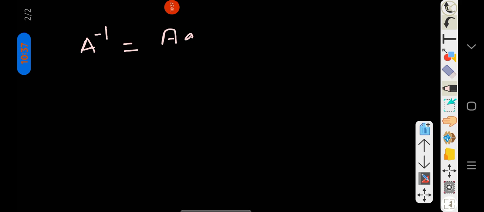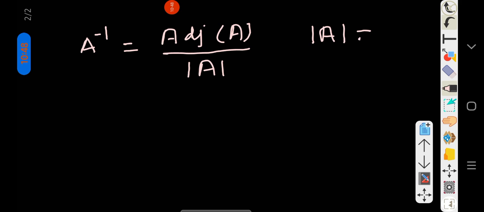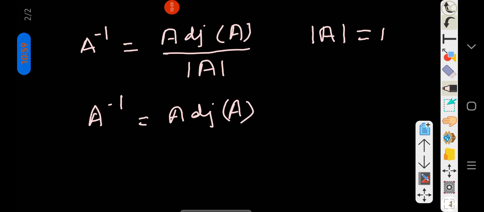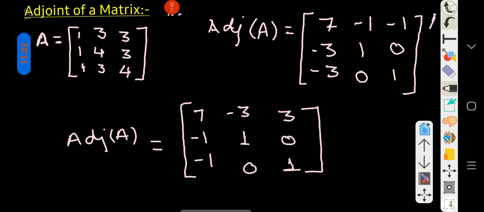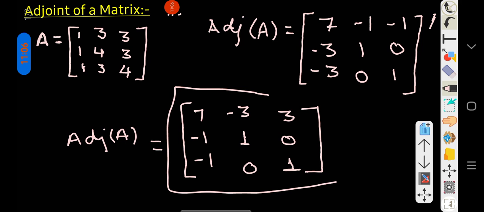Adjoint of matrix A over determinant of matrix A, and we had seen in the last video that the determinant of matrix A was 1, right? So A inverse in this particular case will be equal to the adjoint of matrix A. Okay, so whatever you got over here in this matrix will be the inverse of matrix A as well, we can say, right?